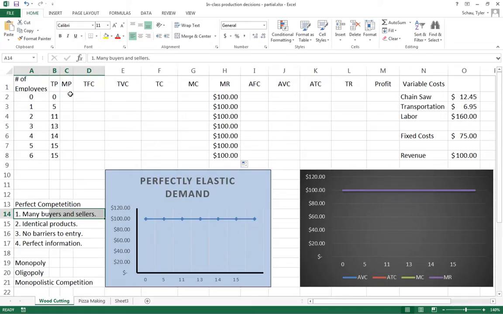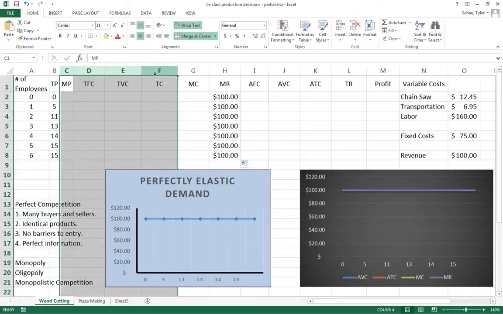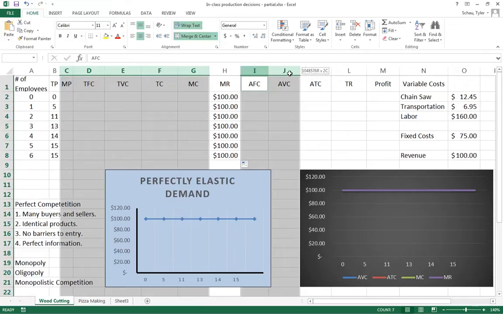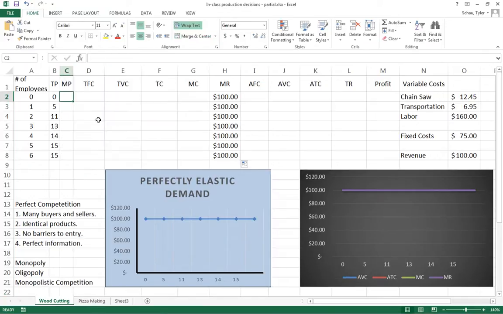The first couple columns here, so marginal product, total fixed cost, total variable cost, and really marginal cost, and then again, average fixed cost, average variable cost, average total cost, we kind of looked at in the last chapter. So some of this stuff's going to be review. Remember, marginal product is the marginal product.